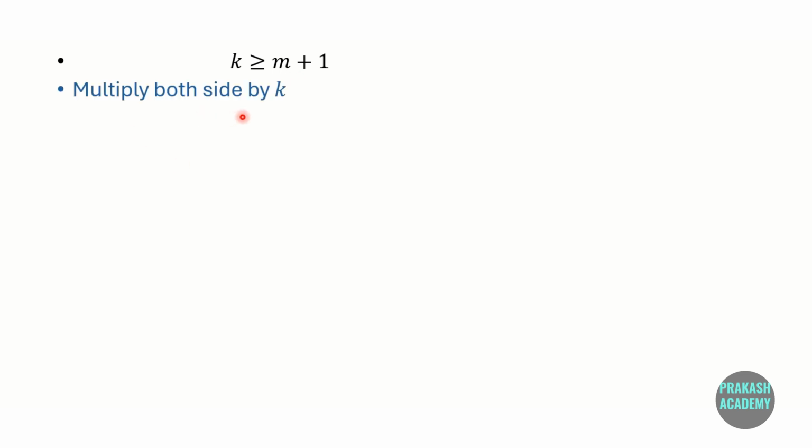Now let us multiply both sides by k. So this will become k square, and this side I will have mk, and this will be k. Of course k is a positive number, so the sign will not change. Now as we know, k is greater than m, because d dash by d is greater than 1. Then in place of this k, I can place the number m.